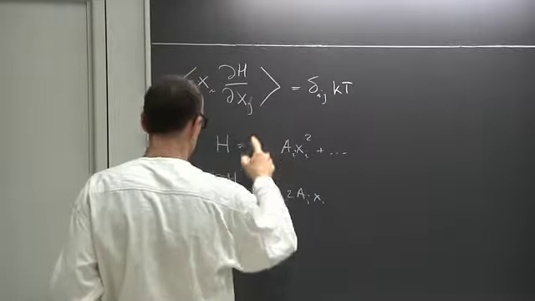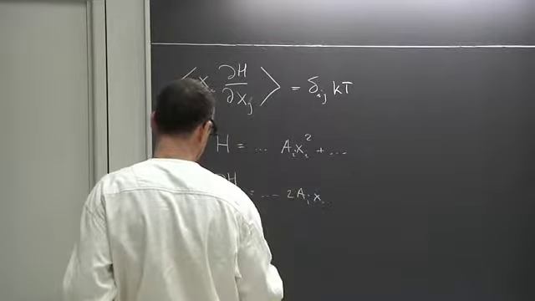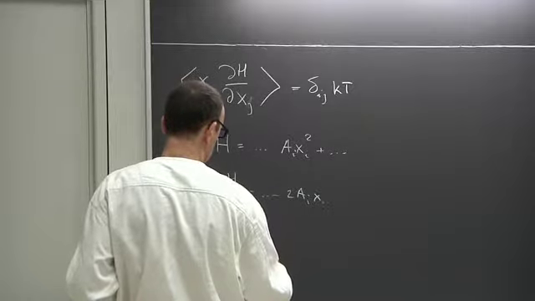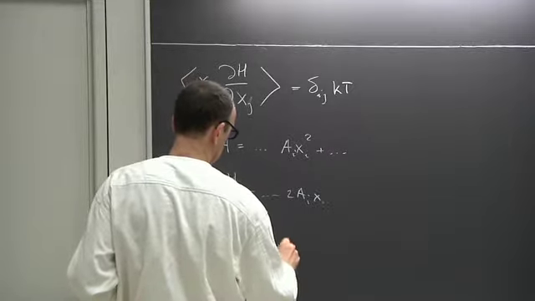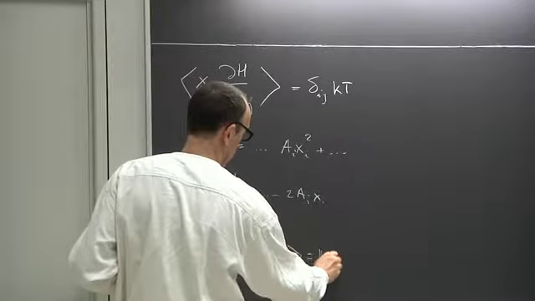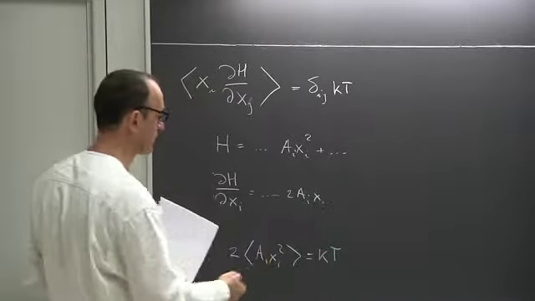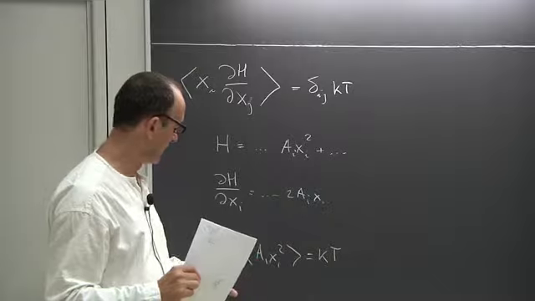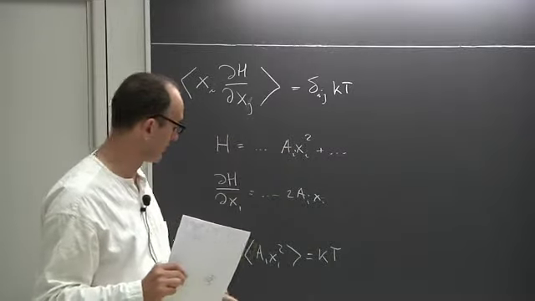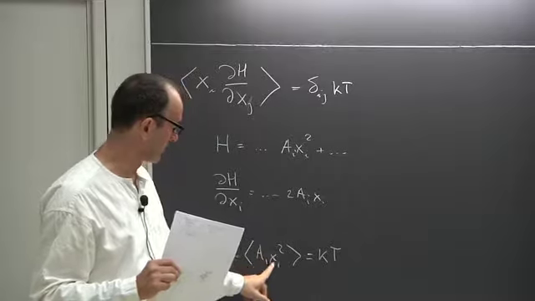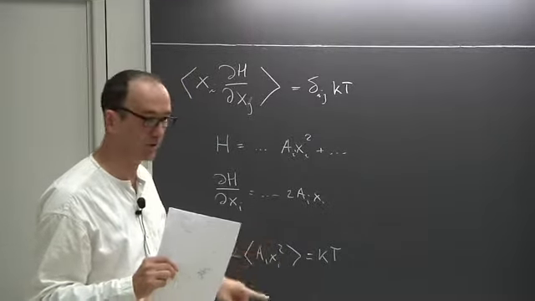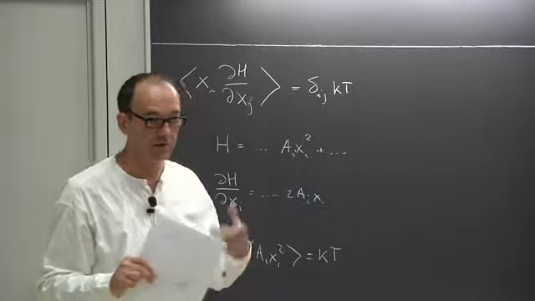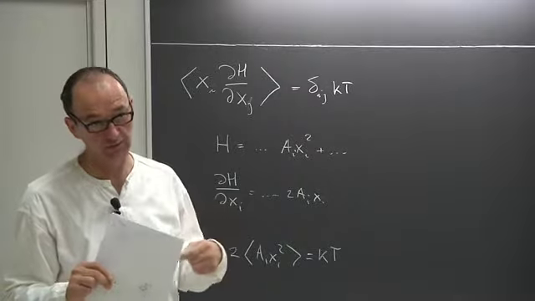Because when you compute this, you will have 2 times the average of ai times xi squared is equal to kT. So this is precisely the contribution of the degree of freedom xi to the Hamiltonian, and so this relation tells you that any degree of freedom which enters into the Hamiltonian quadratically will contribute to the energy by kT over 2 and to the specific heat by k over 2. Okay?